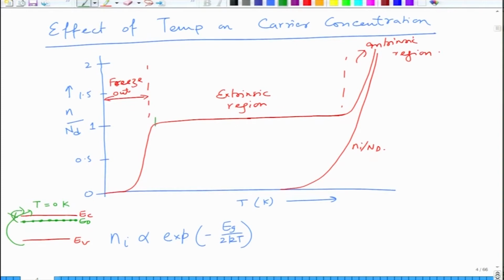This is when you reach the boundary of the extrinsic region, when N becomes equal to Nd, which means all the electrons you have in the conduction band are because of donor impurities, or in the p type semiconductor, it will be equal to the acceptor impurity concentration.